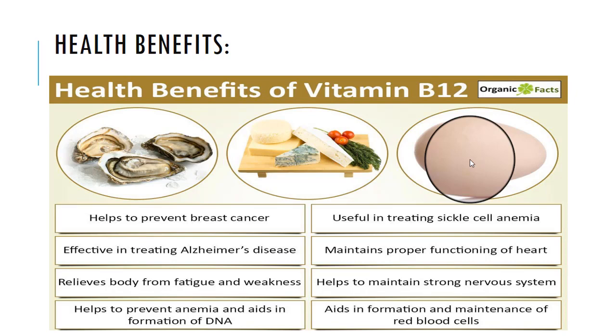It helps to protect against cancer, including breast cancer, colon cancer, lung cancer, and prostate cancer. It is mainly used in the treatment of pernicious anemia. It is essential for healthy skin, hair, and nails. It helps in cell production and constant renewal and regeneration of the skin.